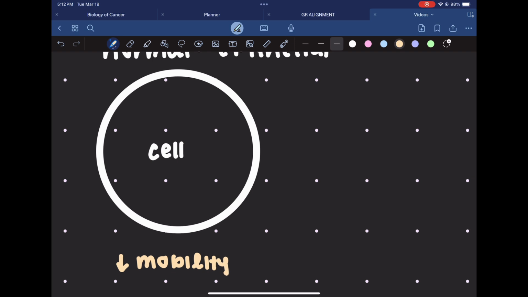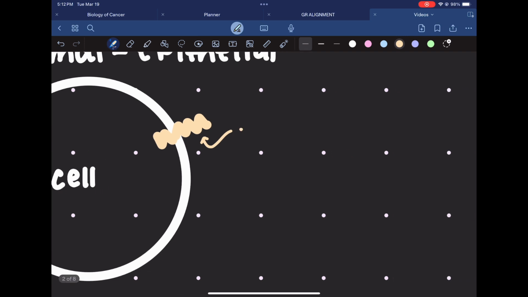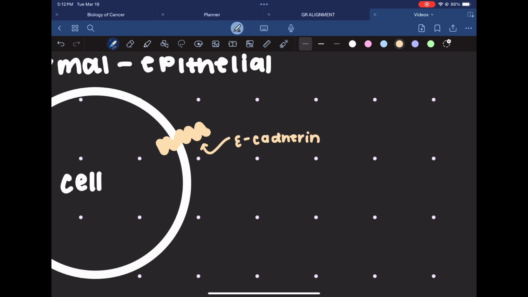Some of the other traits are going to be presence of a couple different proteins. First, we're going to see the presence of a protein called E-cadherin, which is going to be present on the surface of the cell.